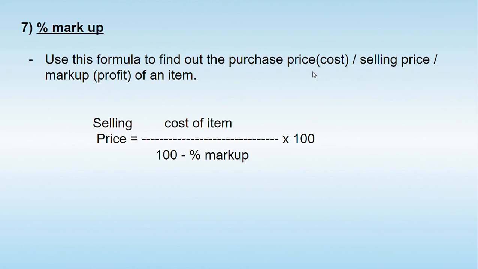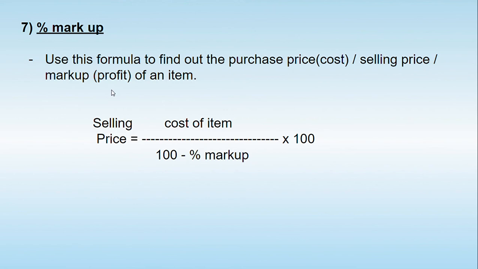Obviously the selling price will be much more than the purchase price, into which the cost or the profit of the pharmacy will also be included. So if you want to find out either the purchase price or the selling price or the profit which is included, that is called the percentage markup. It means up to what level you are increasing the price.